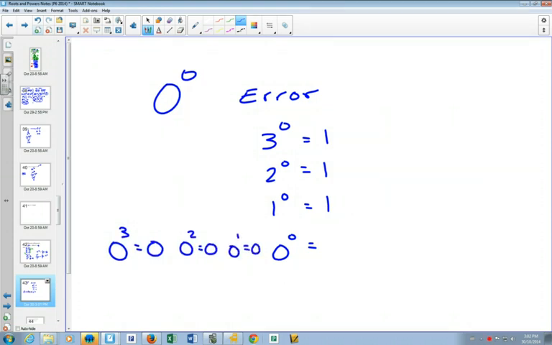Or should it be 0? See, one pattern says it should be 0. Another pattern says it should be 1. And when we run into these problems in mathematics where a number should be 2 things, we just end up saying not defined or error. Because you'd hate to make some people angry if you pick theirs over somebody else's.